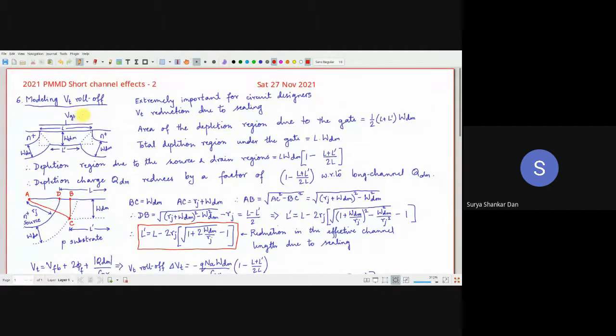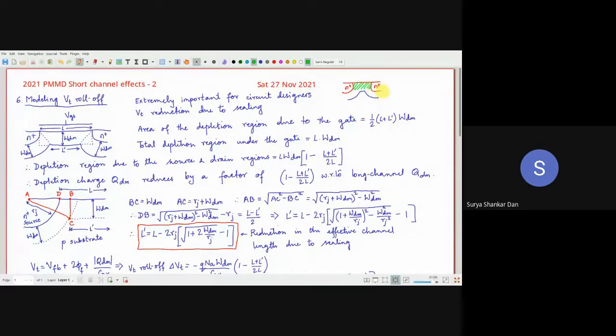Notice that we had already discussed this in our previous lecture. If you have a short channel device like this, we get a situation like this. Think about the region under the gate: this entire region will be the region under the gate.